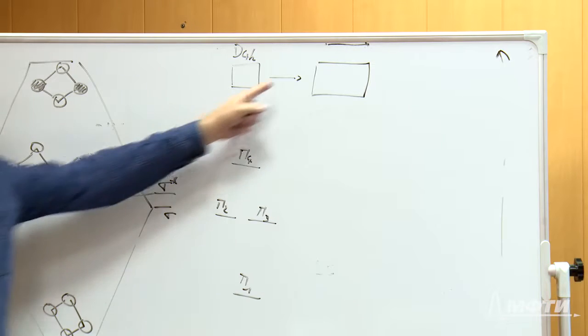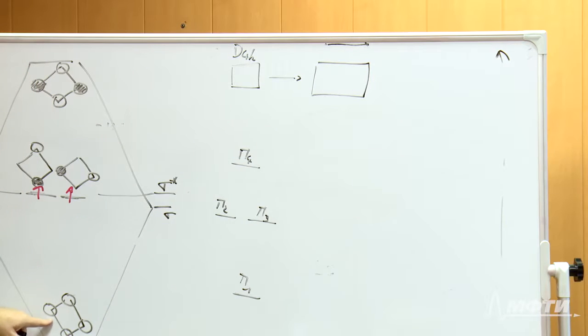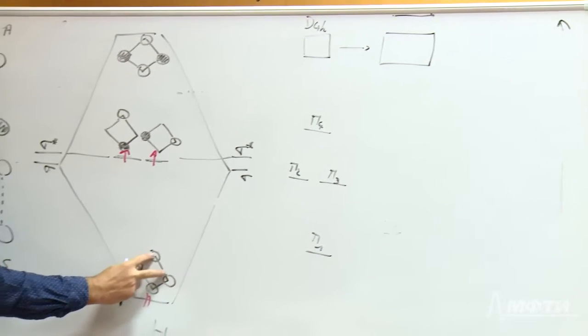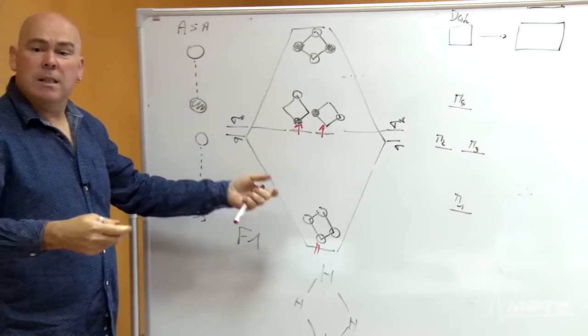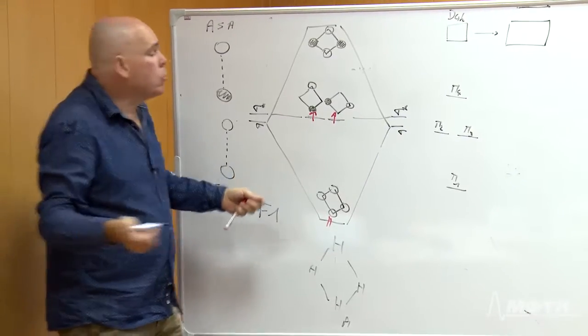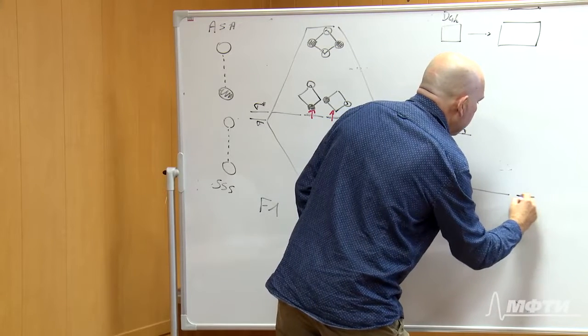So what happens when you decrease the distance here? So look at the orbital here. You increase the overlap, the positive overlap here. But when you elongate it, you will decrease the positive overlap. So you should have the same energy here.